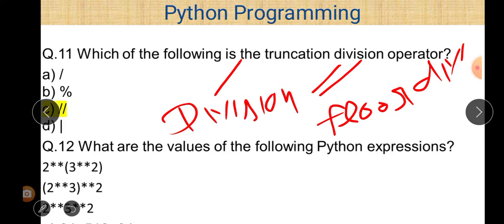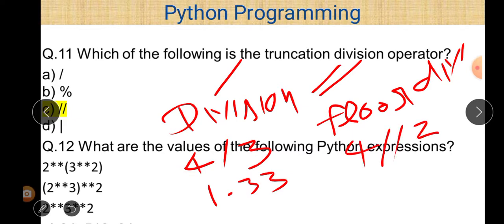For example, if we divide 4 by 3, our answer is 1.333 when the division operator is used. But when we take floor division and write the expression 4 double slash 3, our answer is 1.